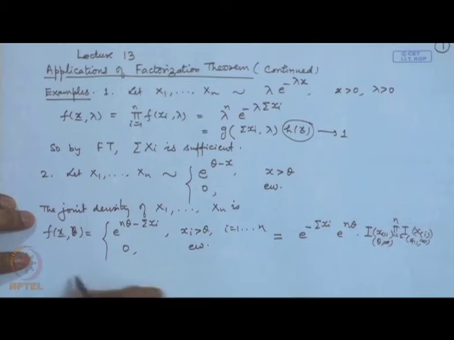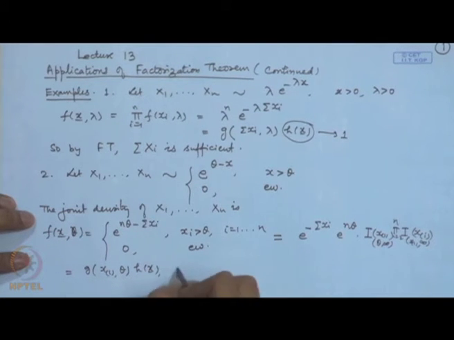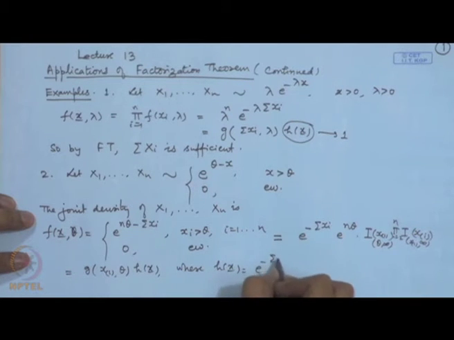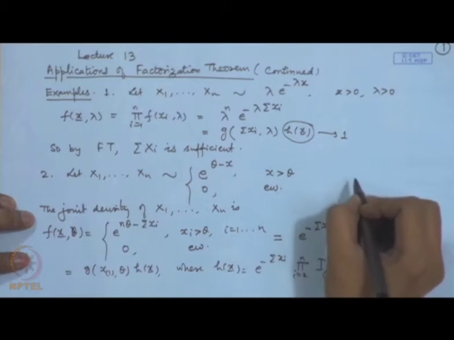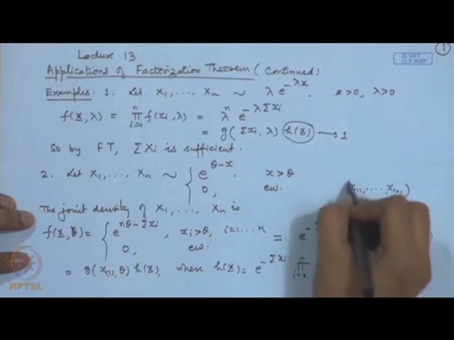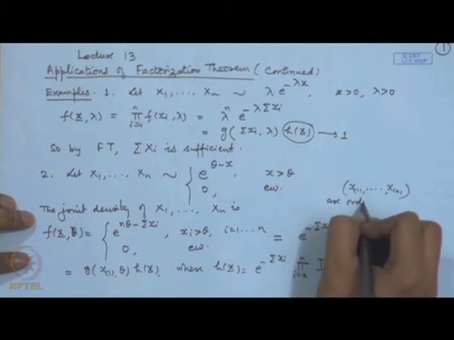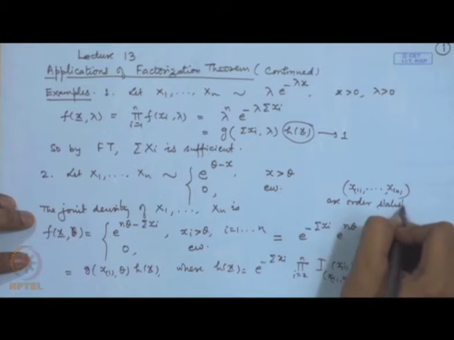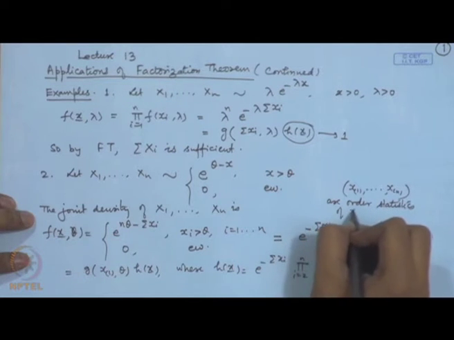So, what can we consider? We can write it as g of x 1, theta into h of x, where h of x I am writing as e to the power minus sigma x i into the product, i equal to 2 to n, of the indicator of x i from x 1 to infinity. Here x 1, x 2, x n denote the order statistics of x 1, x 2, x n.